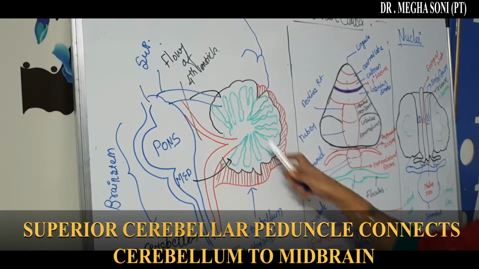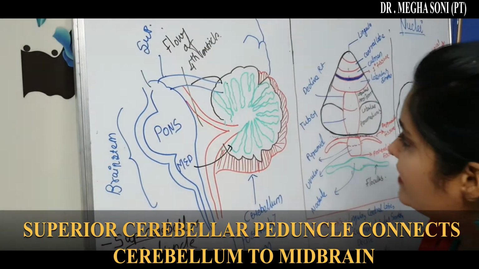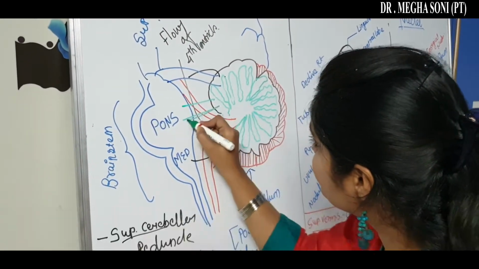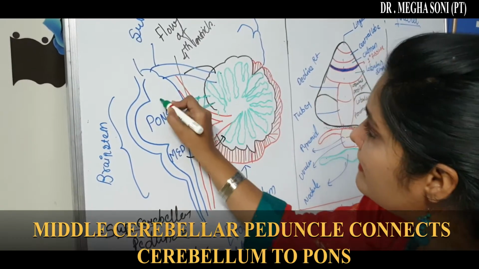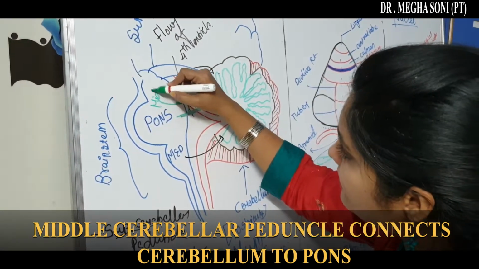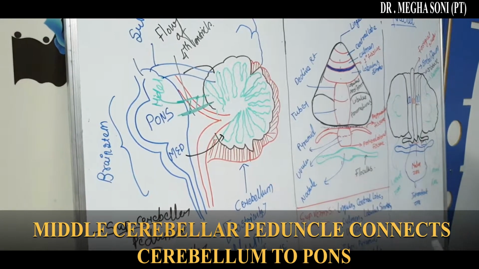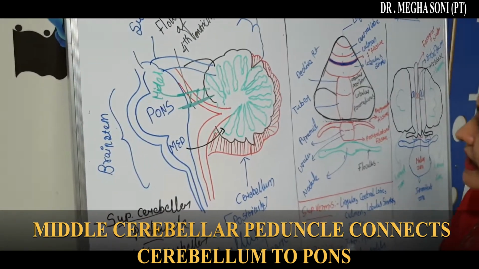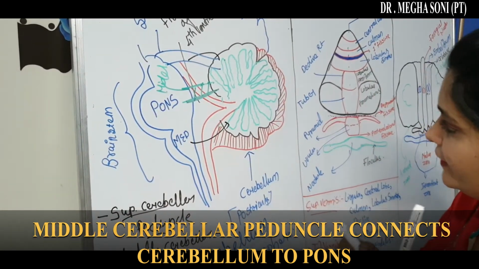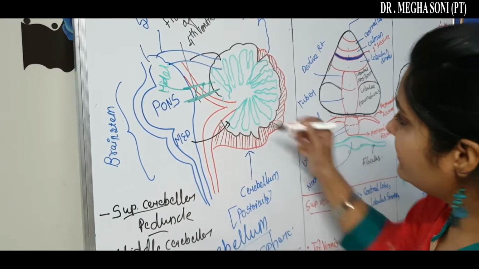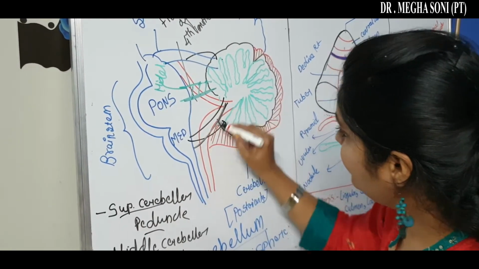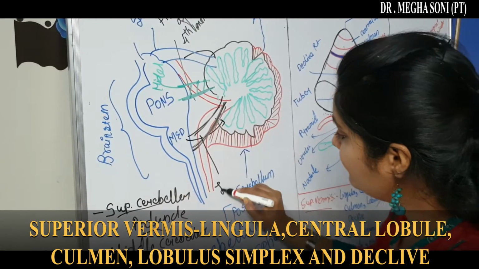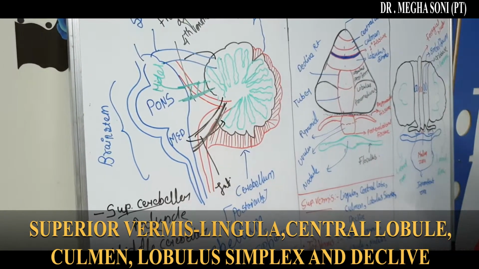Fine. Second, this cerebellar hemisphere is connected with pons through middle cerebellar peduncle, and this cerebellar hemisphere is connected with medulla oblongata through inferior cerebellar peduncle.